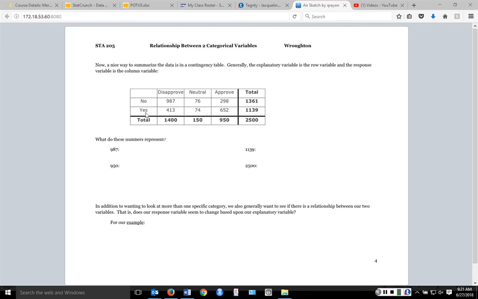The other things on here are just totals, but we're going to talk now more specifically about what these numbers represent. So I've chosen a few numbers down here, but ones that are similar to it would have similar representations. If I look at the 987, that's going to tell me that there were 987 people who did not vote for Trump and disapproved of him. These ones did not vote for Trump because they're in that no row.